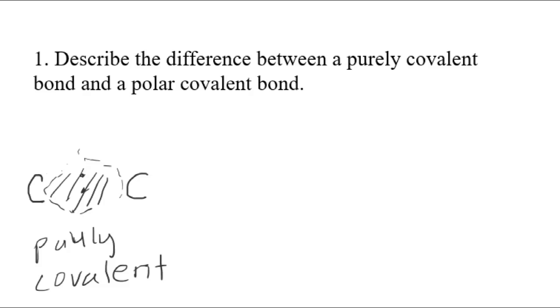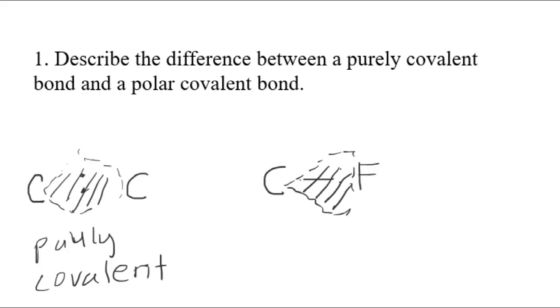Polar covalent, on the other hand, for example, remember we had a carbon bonded to a fluorine. In a polar covalent bond, the electrons are going to be closer to one of the atoms, and we get a distorted molecular orbital. And again, this is a cross section.